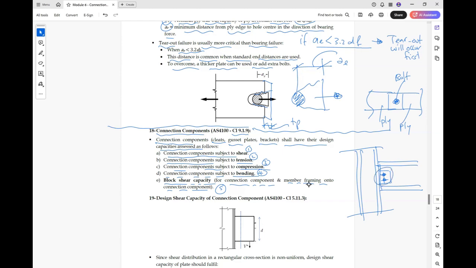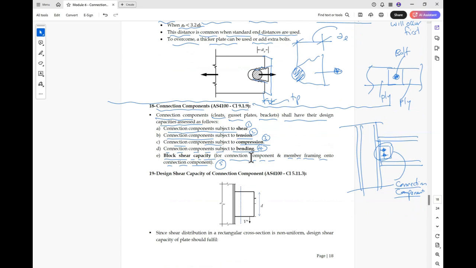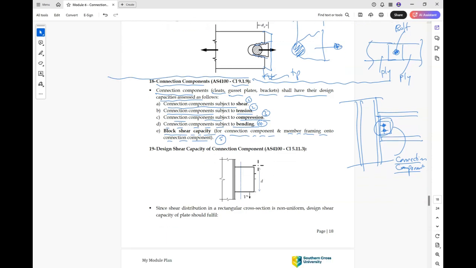So the next step now is to design the connection component. How to design this connection component? We need to check it for shear, tension, compression, bending, and block shear failure, based on the applied action on this connection component.